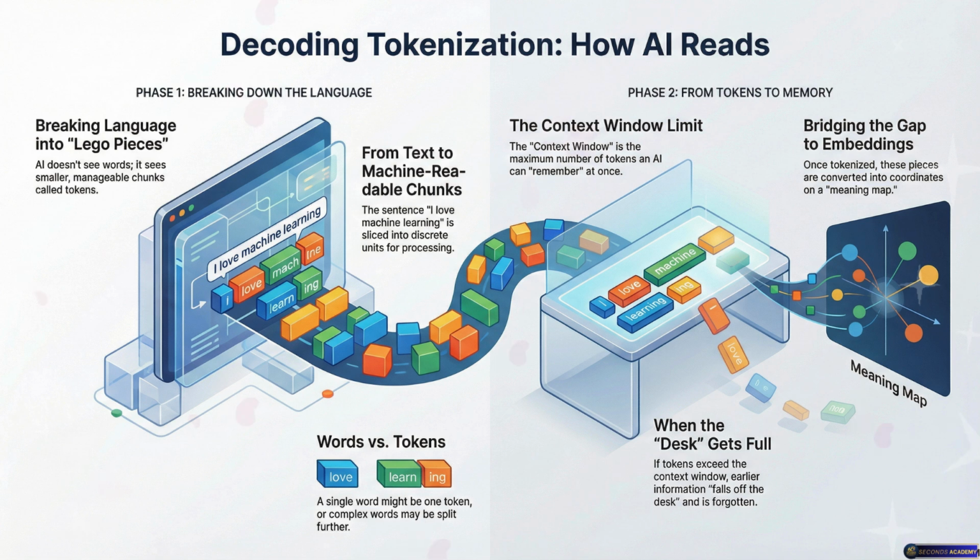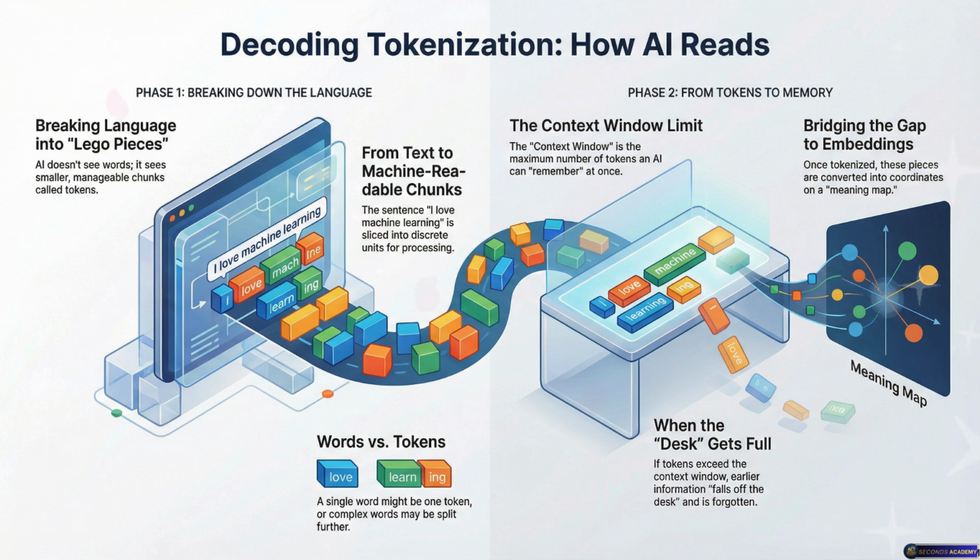When an AI ingests the string "I love machine learning," it doesn't necessarily see 4 distinct words. It sees a sequence of smaller, machine-readable chunks called tokens. Now, sometimes a token is a full common word, like the word love is probably just one token. Because it's so common? Right. But for longer or more complex words, the tokenizer might split it into syllables or phonetic chunks.